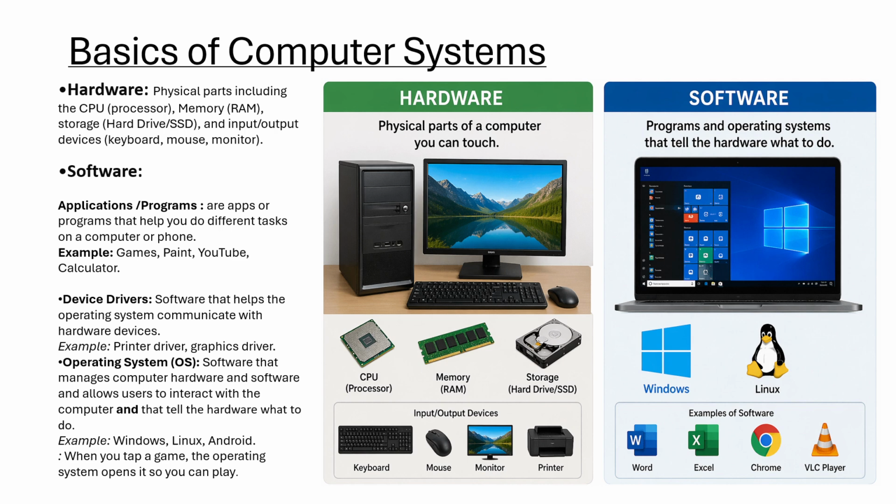Operating system: software that manages computer hardware and software and allows users to interact with the computer and tell the hardware what to do. Examples are operating systems Windows, Linux, Android. So when you tap on a game on your screen, the operating system opens it so you can play.